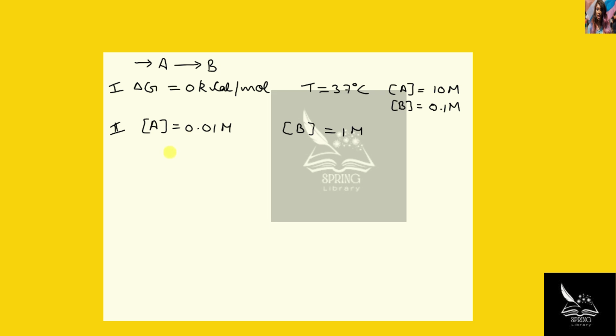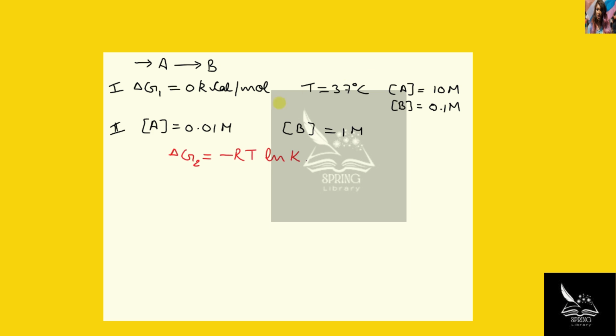Now we will be using delta G equals minus R T ln K. So this is the formula. Here, let this delta G be delta G1 and let the other delta G be delta G2.